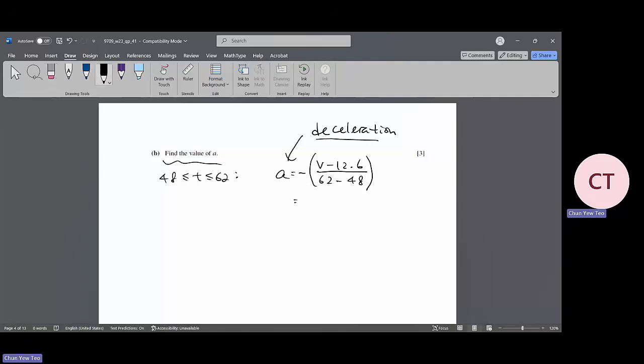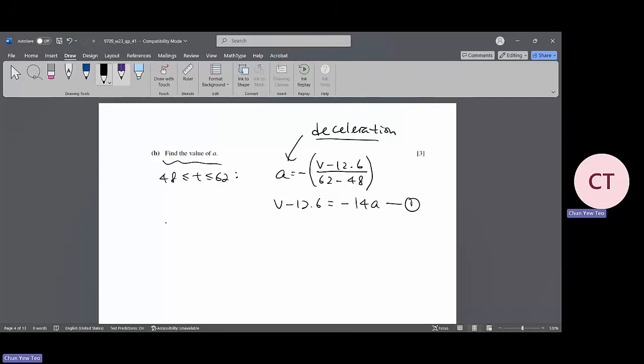You will get the equation V minus 12.6 over 14 equals negative A, so V minus 12.6 is negative 14A. That will be your first equation.